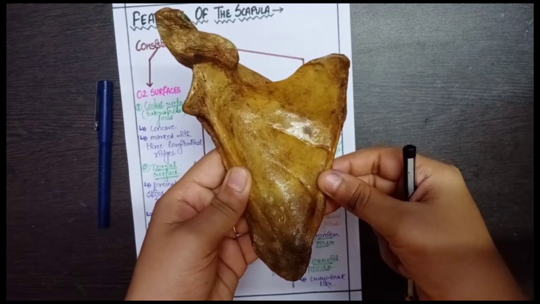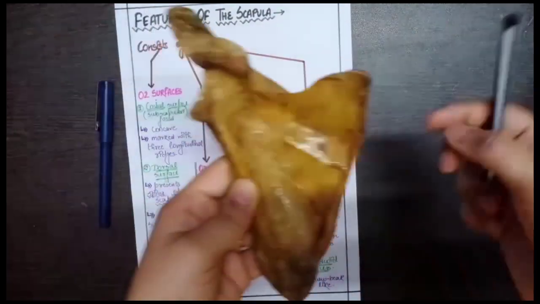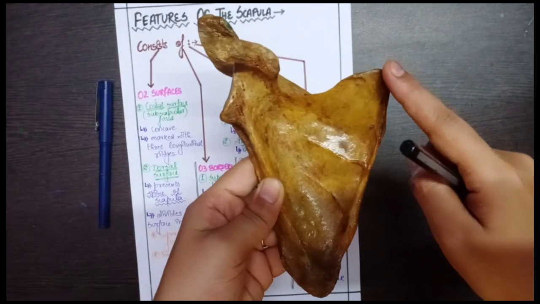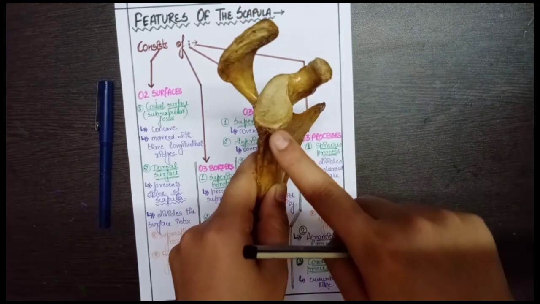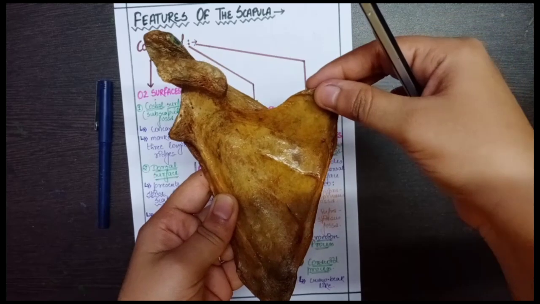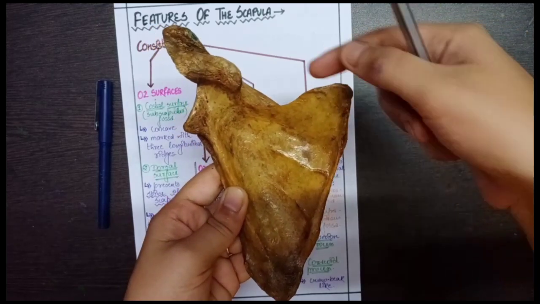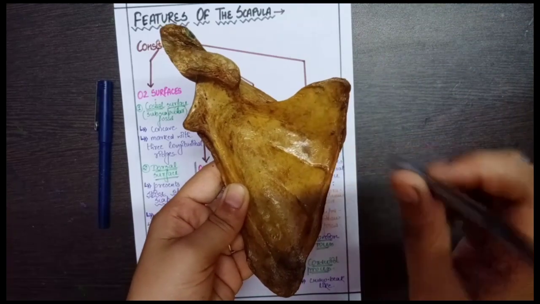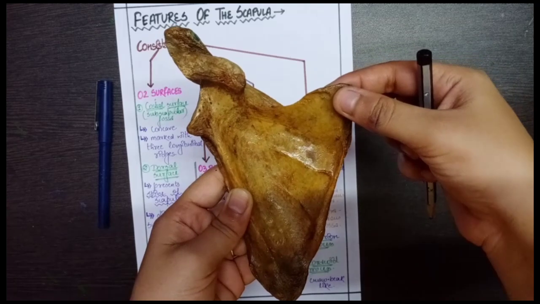Then the third feature is your angles. We have 3 angles in total: the superior angle, the inferior angle, and the lateral angle. First, the superior angle. The superior angle, this angle, is covered with the trapezius muscle.